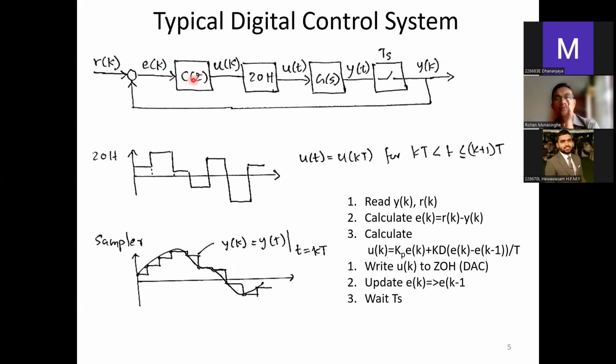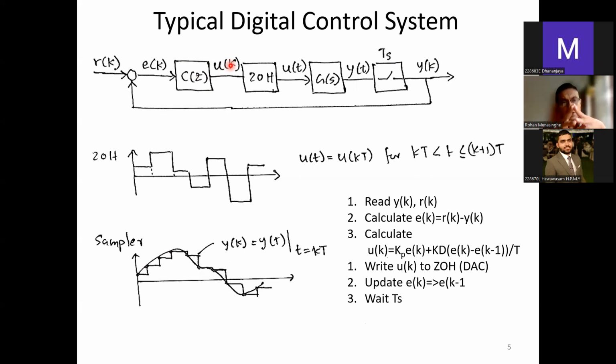It goes to the discrete controller. I think we looked at the discrete controller. A basic discrete controller is basically a difference equation. It keeps the present error and the past errors, and also past control signals that it has sent to the actuator side.